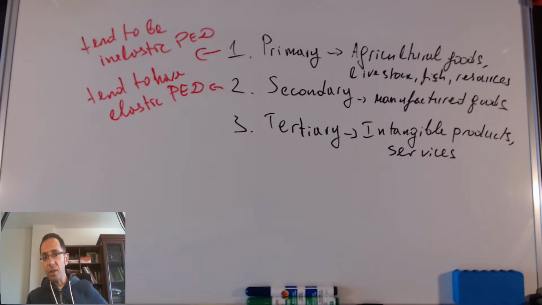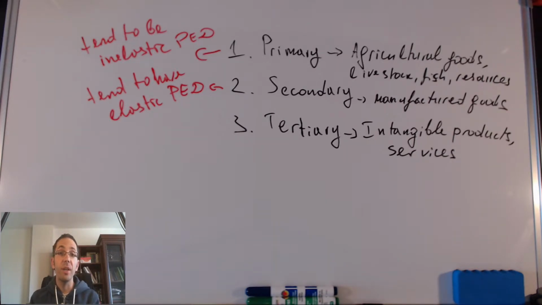Also, primary commodities in nature tend to be relatively cheap, simply because they have not undergone any specific processing most of the time, and thus there is no value added to them. But secondary commodities, because they have undergone manufactured processing, tend to be more expensive.